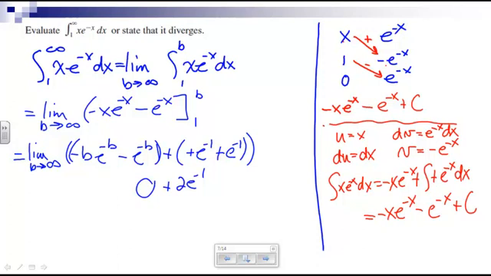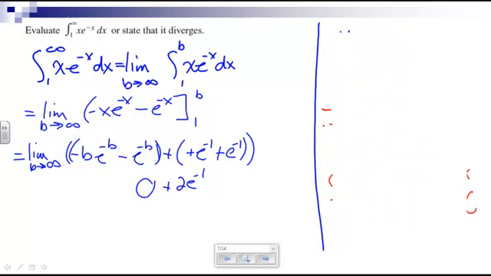I've got infinity times 0. Is it 0? The answer is sometimes. 0 times infinity is indeterminate. And if it's indeterminate, our best tool is L'Hopital.